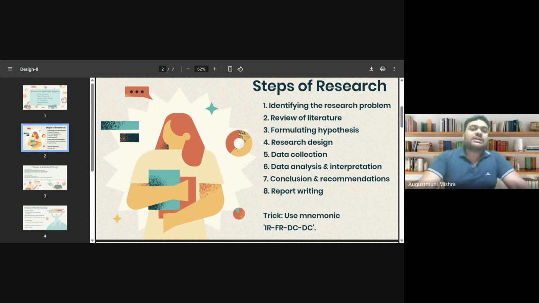So there are five types of observation which I was discussing right now. Structured observation is used for the descriptive research. We have already discussed descriptive research in the previous session, so I'm not going to discuss it again.